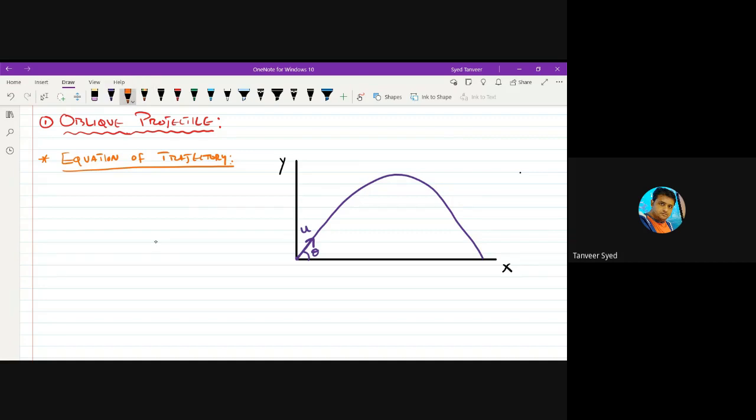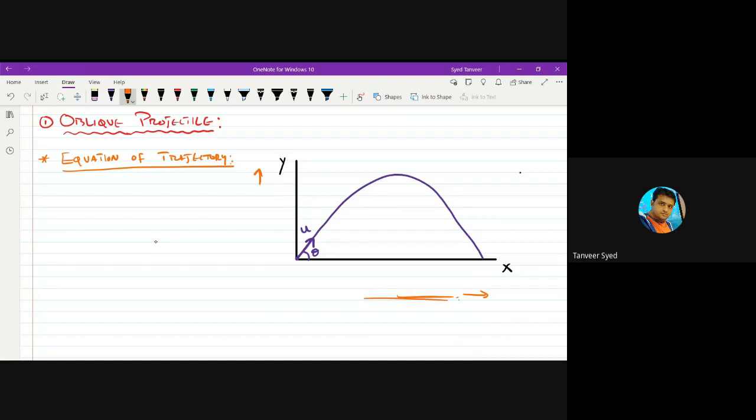To understand this, the first point is this ball or this body is traveling in two dimensions, along horizontal and along vertical. In the previous chapter, we studied these two directions separately. A car was going on a road, a train was going, a man was running: acceleration, distance travelled, time taken.